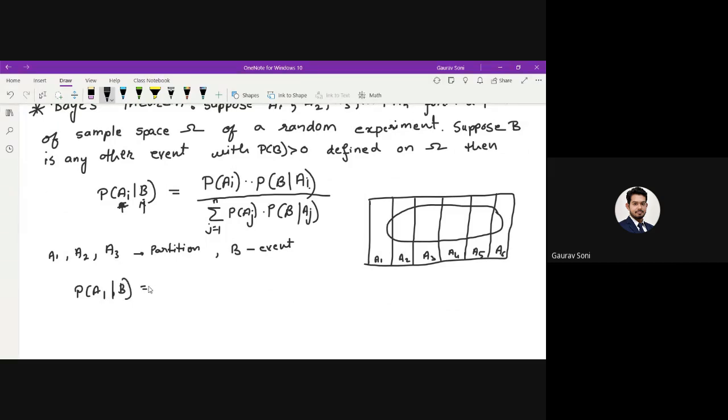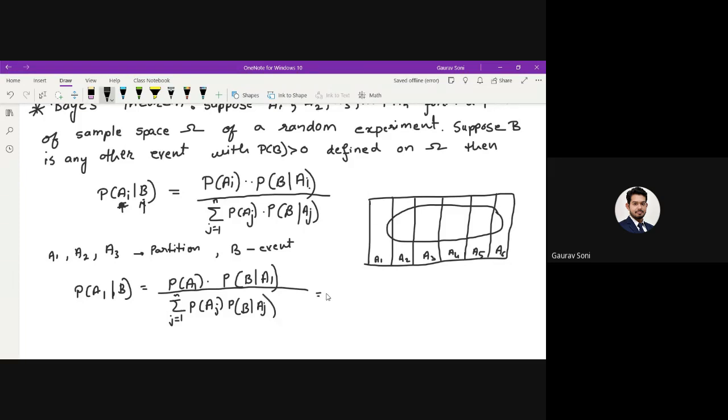By the Bayes theorem, this is equal to probability of A1 into probability of B when A1 has occurred, upon the summation, j running from 1 to n, of P of Aj into P of B when Aj has occurred.